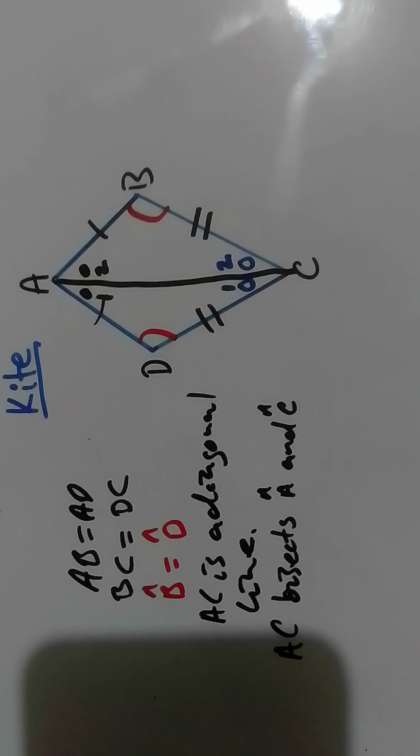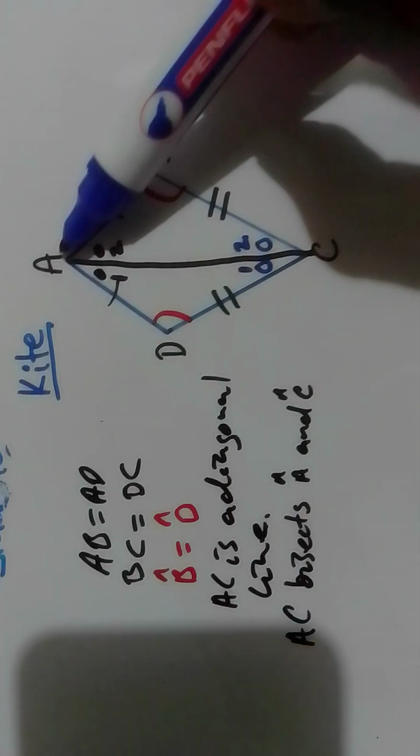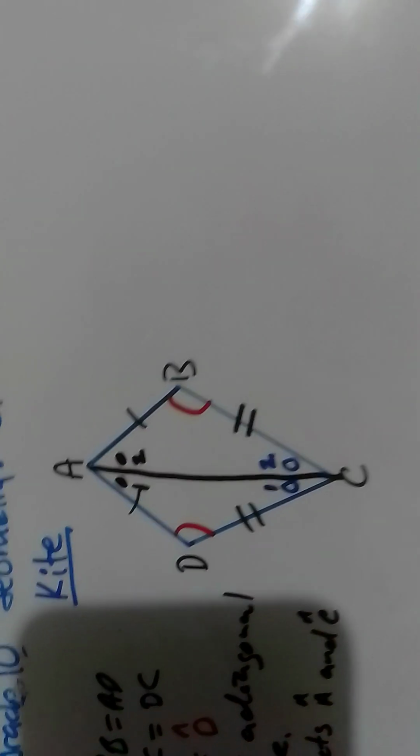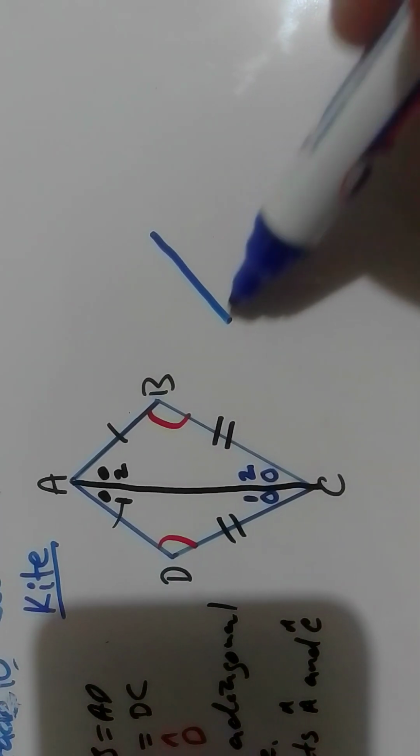Now observe, two triangles have been formed here. We now have triangle ADC and triangle ABC. So if I'm to draw this triangle ADC on the side, it would look something like this.